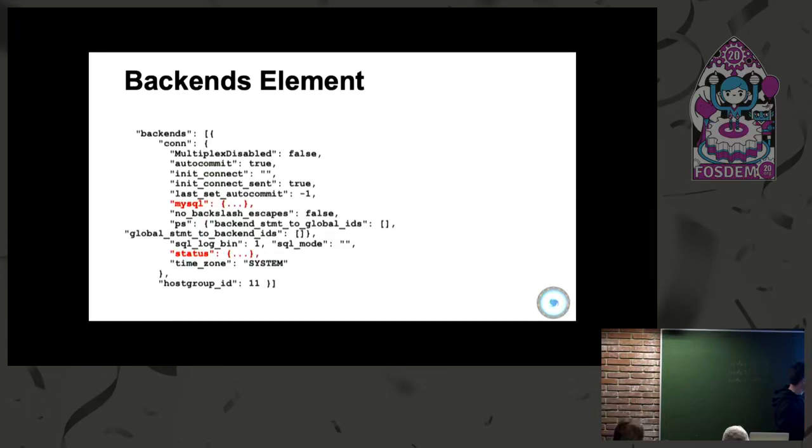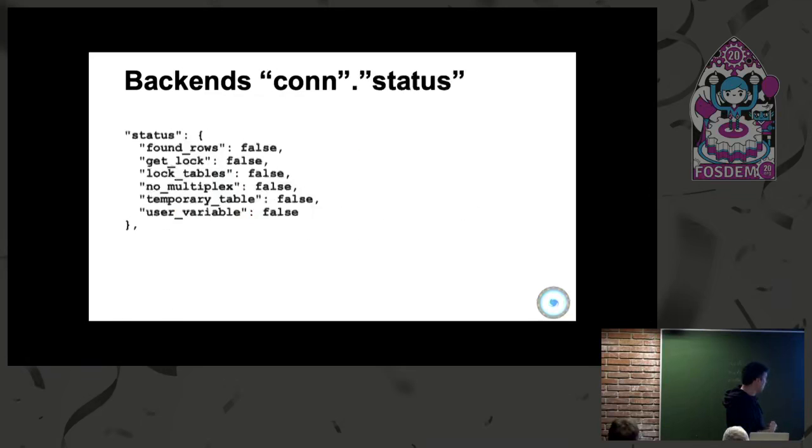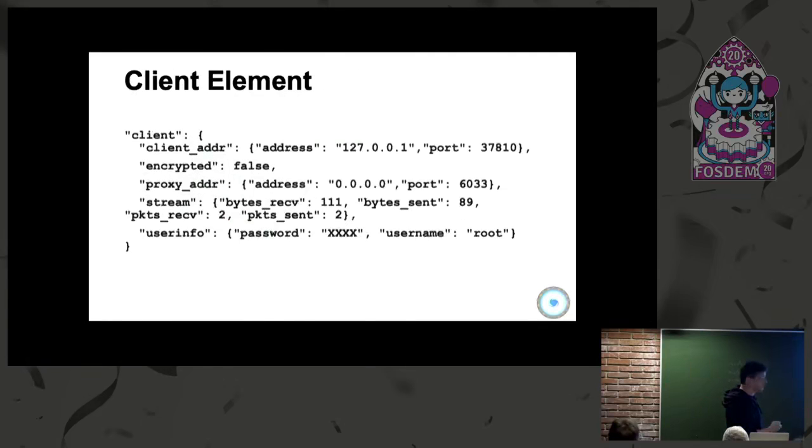For instance, if multiplexing is disabled, if auto commit was true, what the last auto commit sent was, and within MySQL here you can even see the statements that you're executing, whether it's a prepared statement. You can see exactly what's going on. But of course, it's a lot of information. It's difficult to sort through unless you know exactly what you want to get. But we wanted to keep it explicit so that we could have an easier path to diagnosing issues.